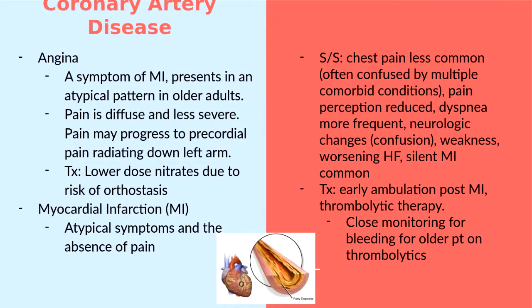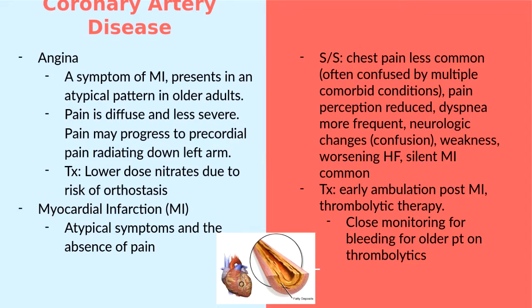Myocardial infarction is frequently seen in older adults, and it presents with atypical symptoms and the absence of pain. Some signs and symptoms include chest pain, but it's less common because it's often confused with multiple comorbid conditions. Some other signs and symptoms include pain perception, which is reduced in older adults.